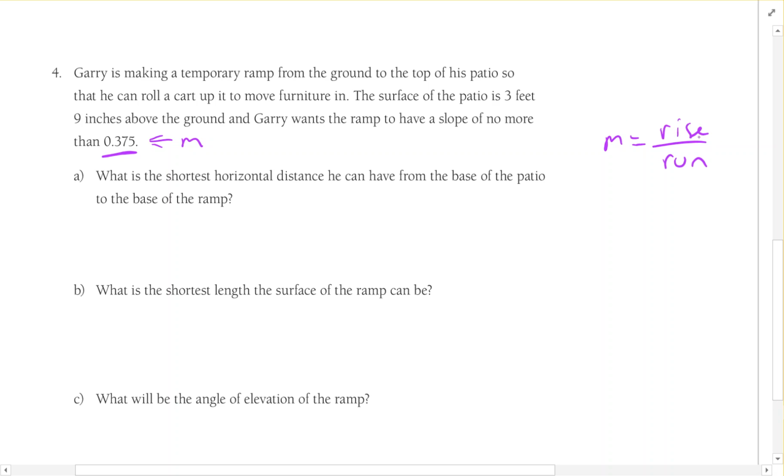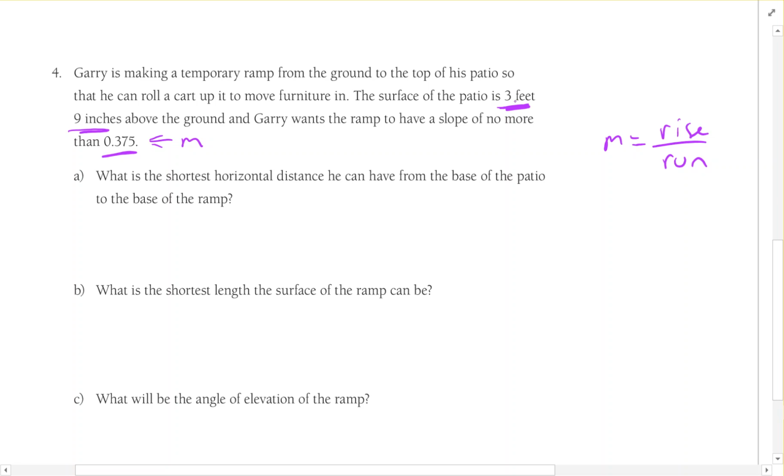and they've given us some info. We need to figure out the other one over here. The only thing I'd caution you about is that we've got our rise in this case as 3 feet 9 inches above the ground. That's how I knew it was the rise. Feet and inches are kind of a stupid unit to use in formulas. So what I would recommend is change that into inches.